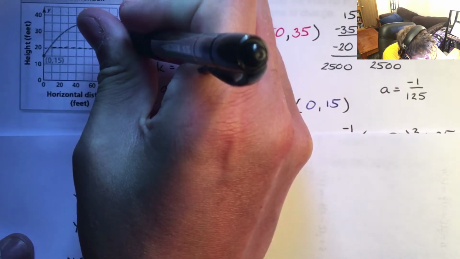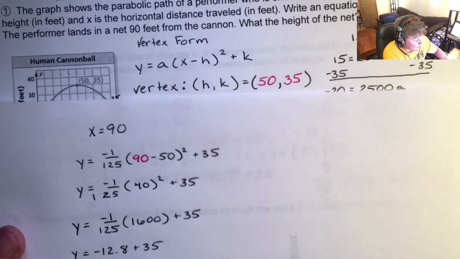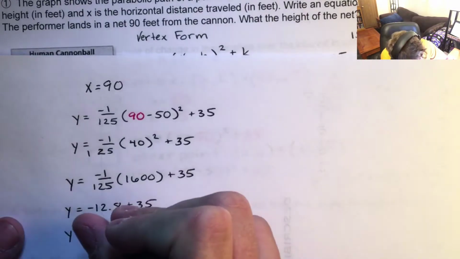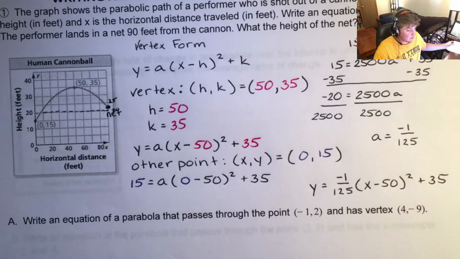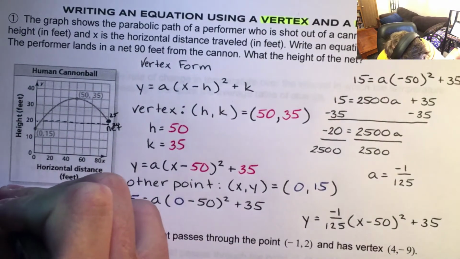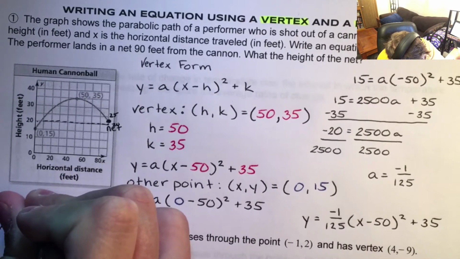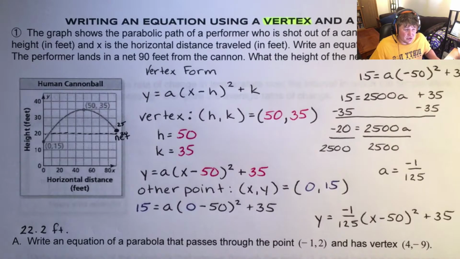So we knew it was going to be somewhere between 20 and 25 feet, but we know that exactly it's 22.2 feet, and that seems totally reasonable based on that assumption. So I'm just going to put here 22.2 feet. Okay, so that's kind of how you do these problems.